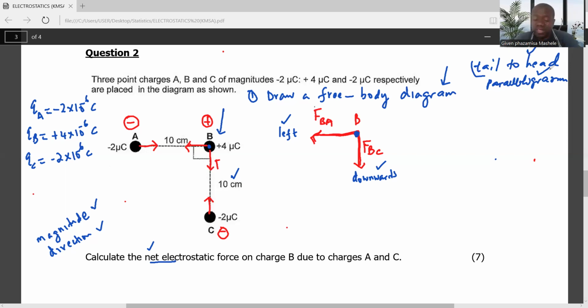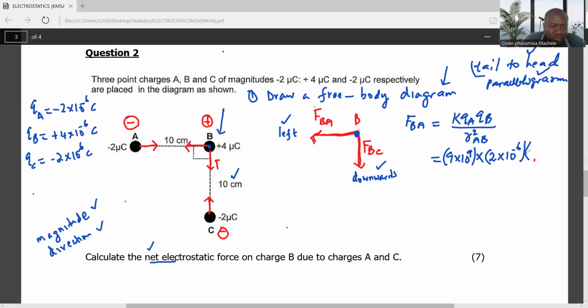But before we start with this, let's now calculate the force on B due to A. I think we dealt with this. This is k, charge on A, charge on B, divided by the square of the distance between A and B. Let's do the substitution. It's 9 times 10 to the power of 9 multiplied by, let me put this in brackets, the charge on A. Charge on A is 2, we don't use the minus there, times 10 to the power minus 6.